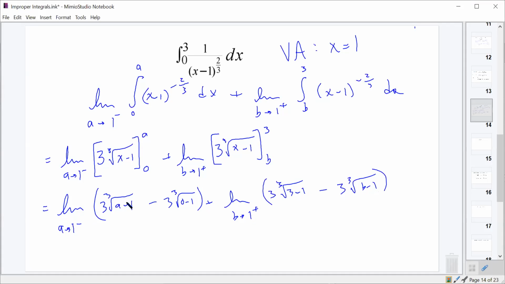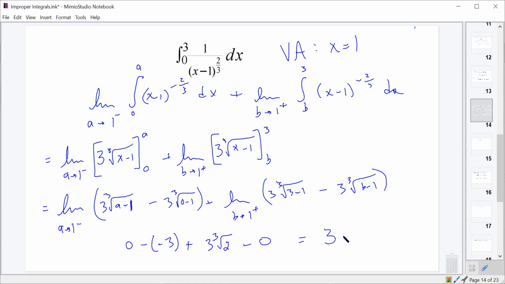As a goes towards 1, 3 cube roots of 0 is still 0, right? So this becomes 0 minus 3 cube roots of negative 1. So that's 0 minus negative 3. And then plus, here we have 3 cube roots of 2 minus, when we plug in 1, 0.